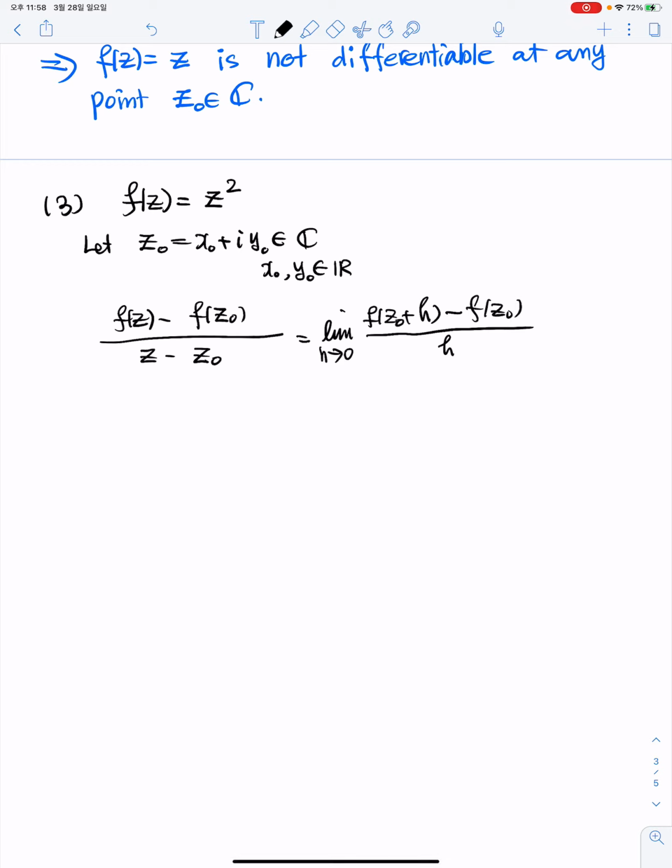Let me remove the limit for now and plug in: z0 plus h squared minus z0 squared.